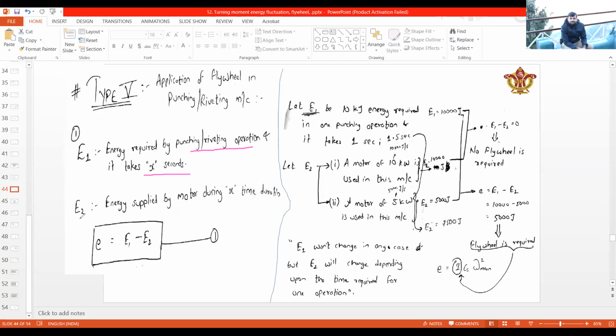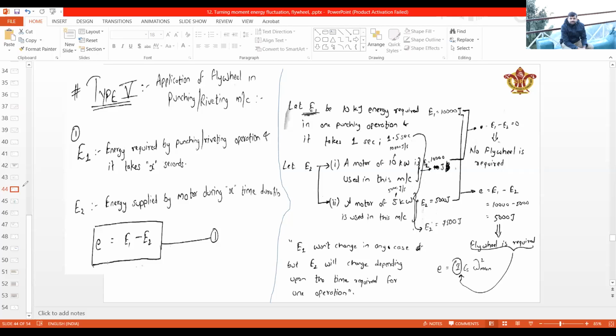Okay. And E2 would be the energy supplied by the motor during X time duration. So the fluctuation would be E1 minus E2, and we understood that with the help of this example, where E1 was taken something, E2 was taken something, and how the requirement of flywheel is determined. This we already saw in the previous class, right?